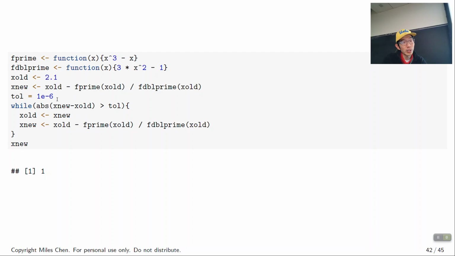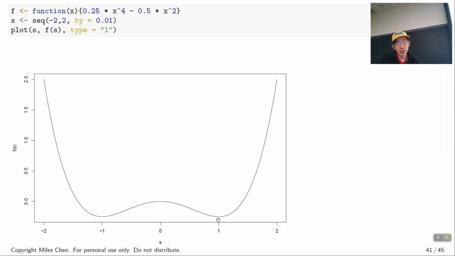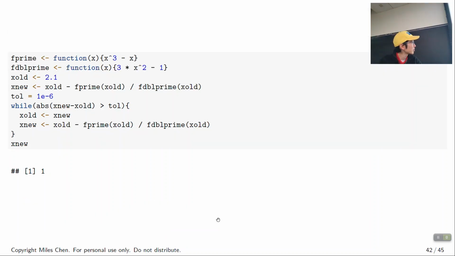And we'll run the while loop. We'll say as long as that difference is greater than some tolerance, we'll keep running the iterations, with the next iteration x new being x old minus f prime of x old over f double prime of x old, okay? And so if I start off at 2.1, it converges and says, here's your solution. You will have a critical value at 1, and indeed 1 corresponds to a local minimum, okay?